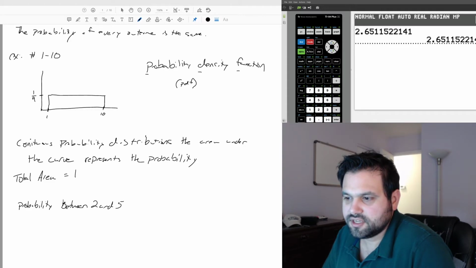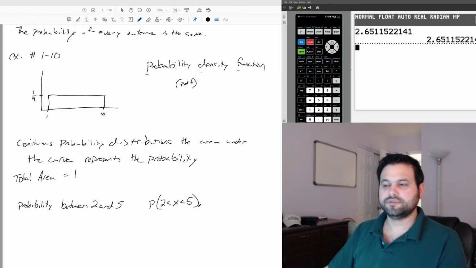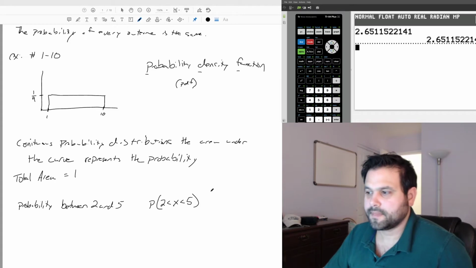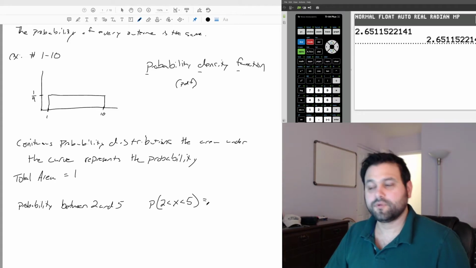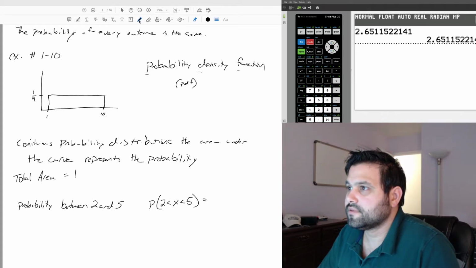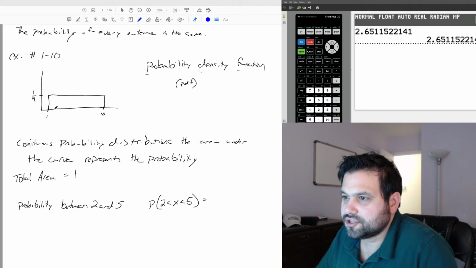Or we can use the probability notation and say the probability of x being between 2 and 5, right? 2 is less than x is less than 5. These two things are essentially the same. So what would that probability be? Well, we would just find the area. Here's 2.